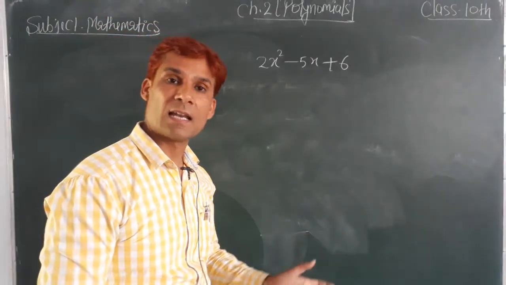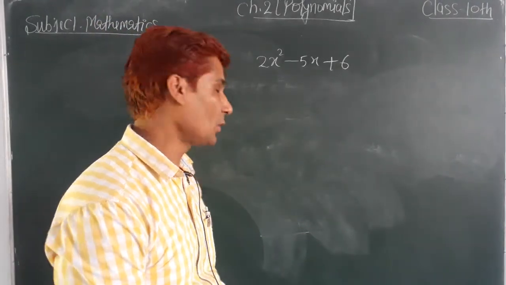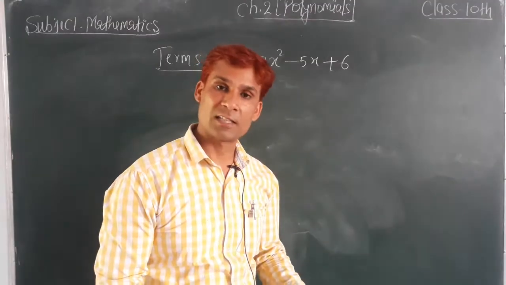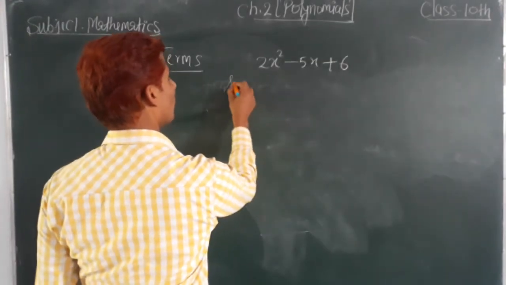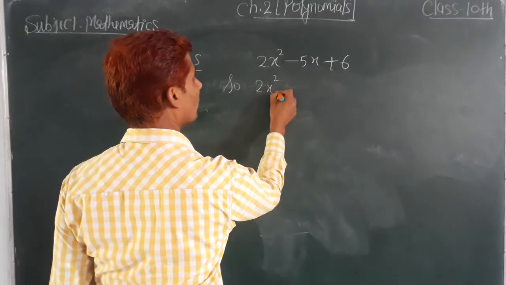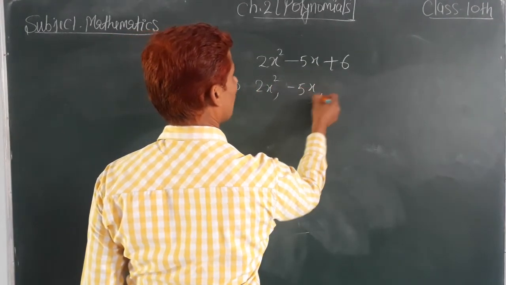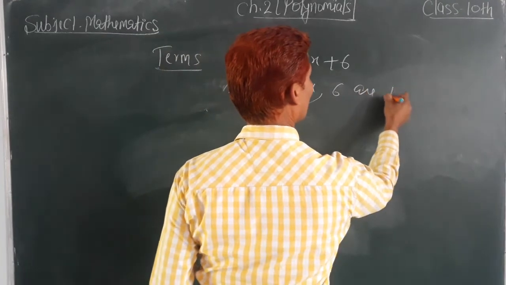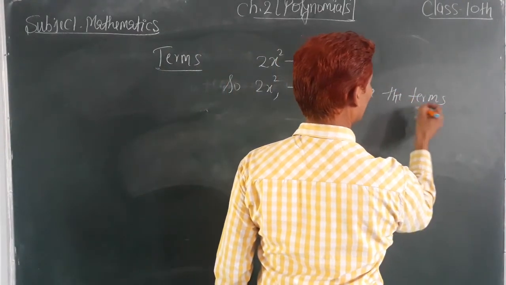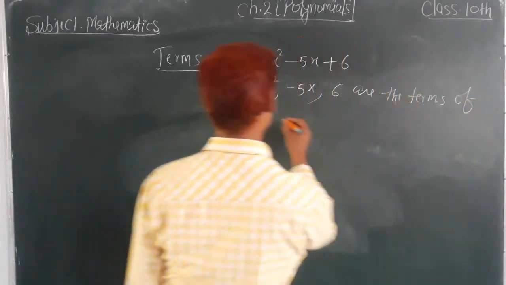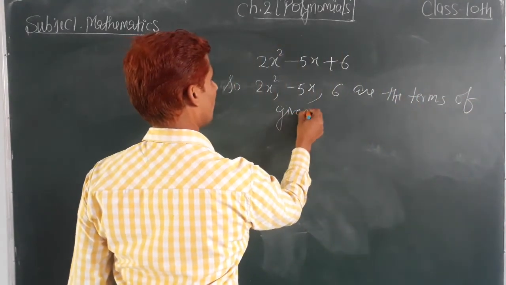In the previous class we have learned different types of polynomials. Today again I will explain. So 2x square, minus 5x, 6 are the terms of the given polynomial.